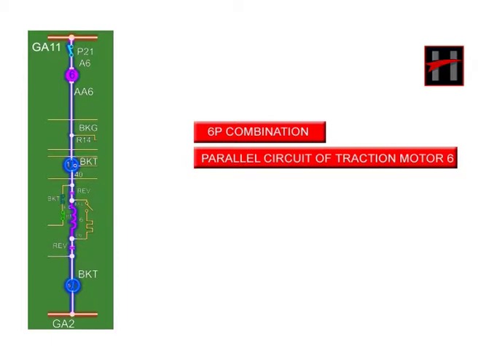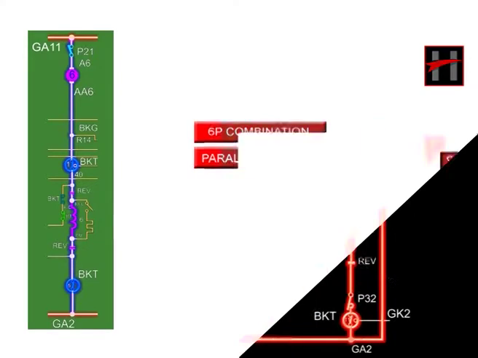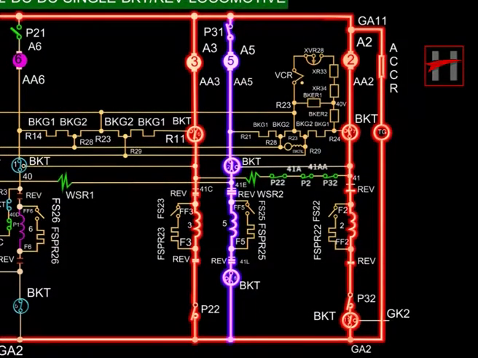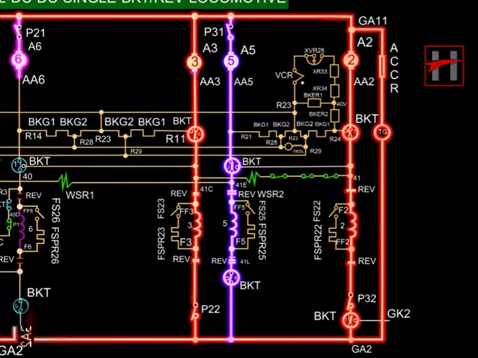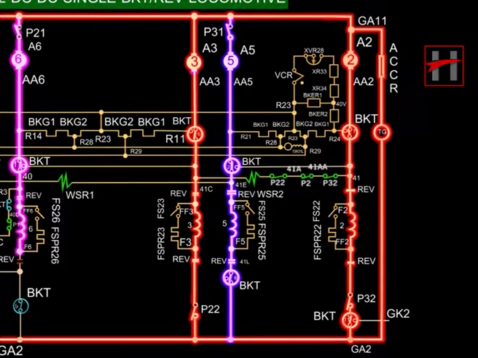Let us now discuss the current flow in the parallel circuit of traction motor 6. The DC output of the traction generator energizes cable GA11, which further flows to traction motor 6 through cable A6 and power contactor P21. The field of traction motor 6 is energized via cable AA6, BKT contact 1 in motoring mode via cable number 40 and the reverser contact.